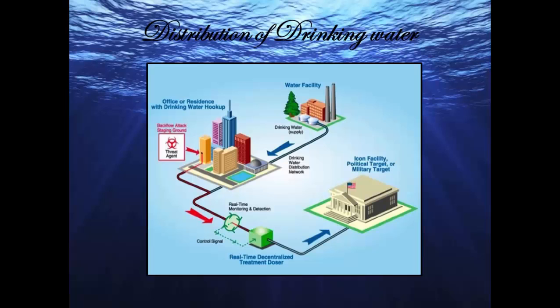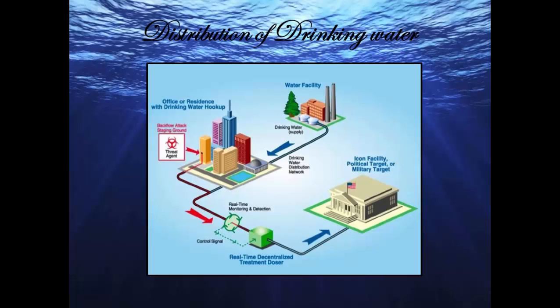Our last topic is how drinking water is distributed. When all the process of treatment is concluded, the potable water travels through pipes that form the drinking water distribution network to all homes, and to important public buildings, undergoing more detection.